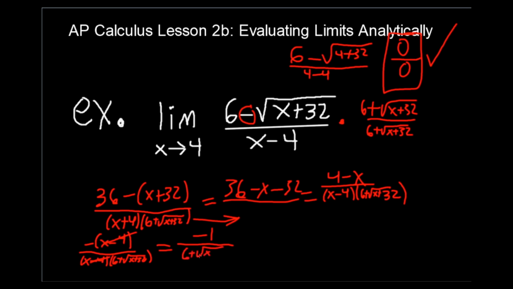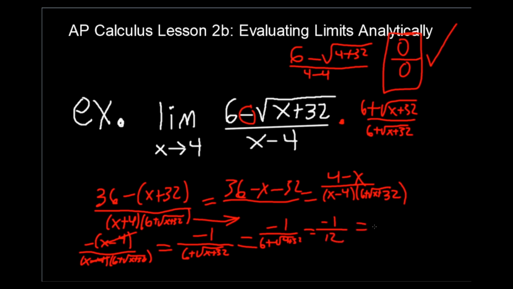of x plus 32. So now we're just going to plug in our 4 into the original problem, from the base of the problem. 6 plus square root of 4 plus 32, which is just -1 over 12.